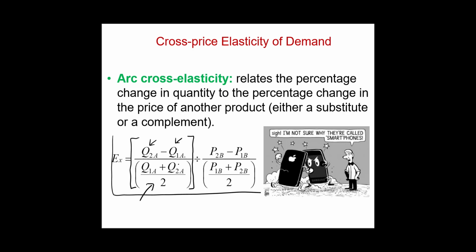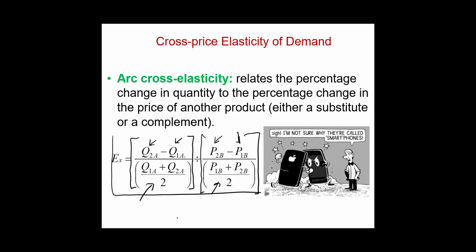Now the whole ratio is then divided by another ratio, that's the change in the price of product B. In the numerator we have the subsequent price, and the second one is the initial price. So P1B indicates it's the initial price, P2B is the subsequent price, and in the denominator of this ratio we now have the average of the prices. This is the commonly used arc cross price elasticity formula.